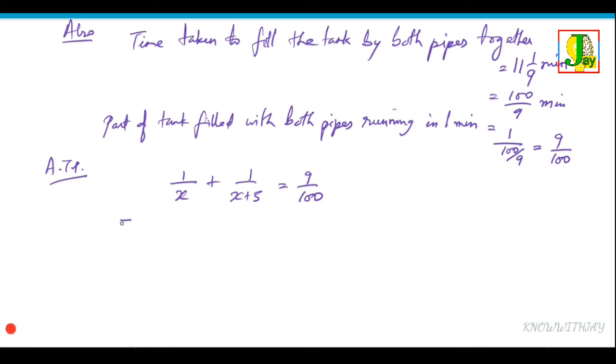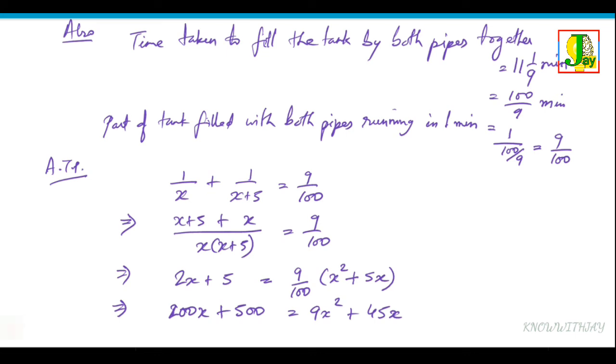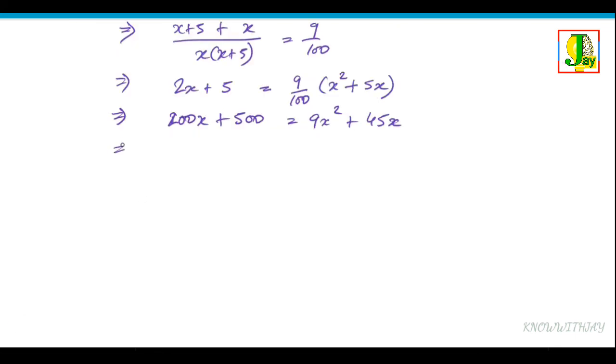Now just convert it into a quadratic equation and solve it for x. Writing everything on the right side, we get 9x squared plus 45x minus 200x, that's minus 155x, and minus 500 equals 0.